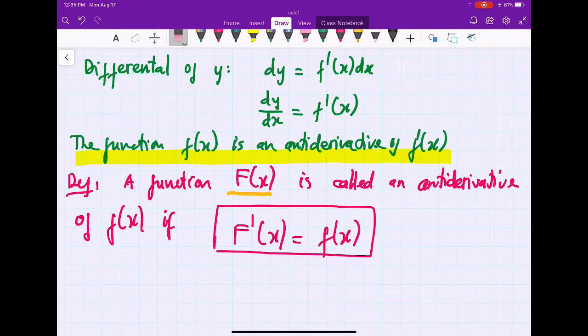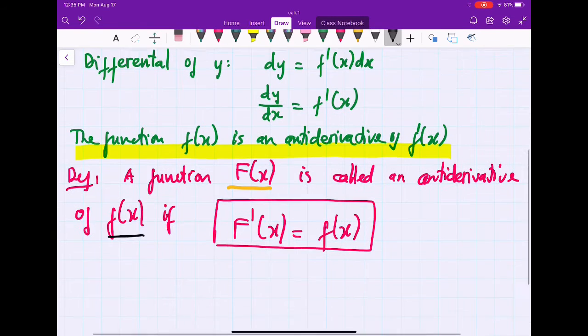So based on this definition, you will see that if a function capital F is an antiderivative of some function f, then F plus a constant is also an antiderivative, right?